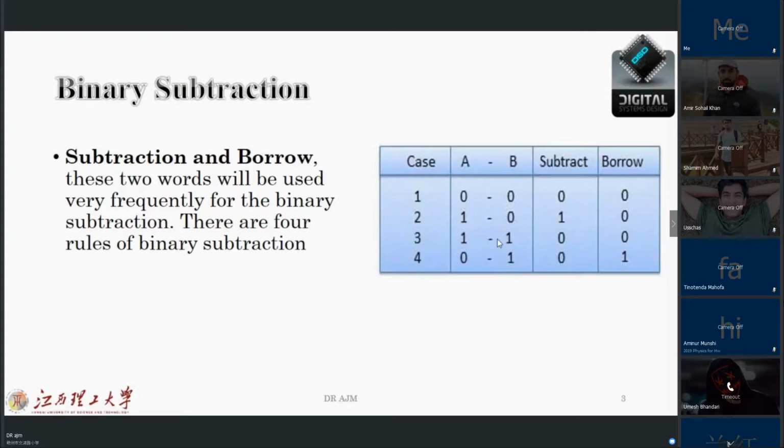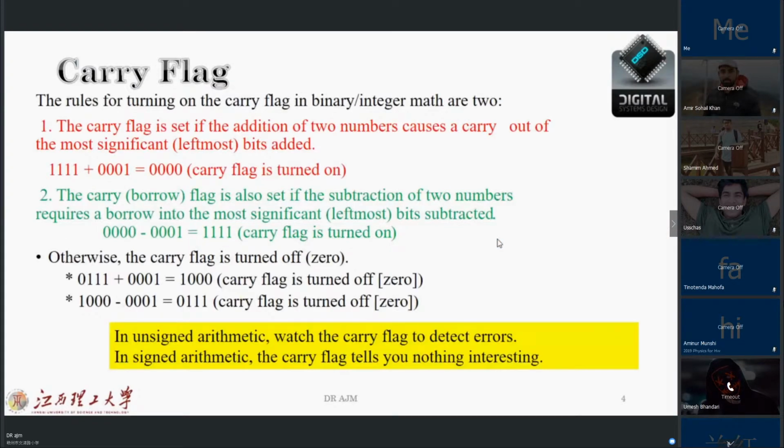Okay, but let us speak more deeply regarding the two new things that we showed. One is the carry flag. Actually, there are two rules for turning on the carry flag in binary or integer math. First, the carry flag is set if the addition of two numbers causes a carry out of the most significant or leftmost bit. Suppose you are limited to 4 bits, and the arithmetic job produces one additional bit.